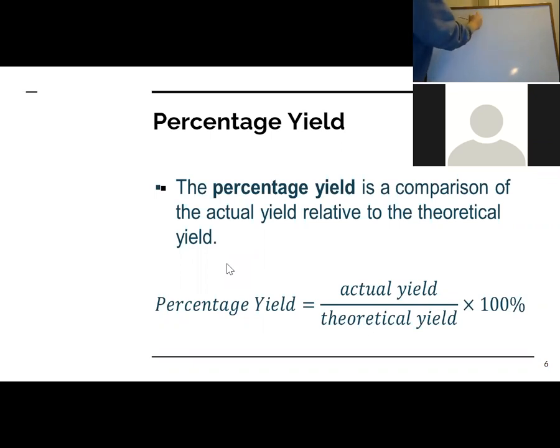Percentage yield: our actual yield was 0.5 grams divided by what we should have got, which gives us 0.25, which is 25%. That's how we calculate the percentage yield. You'll get a question and it will tell you this one. You have to calculate this and then you determine this.